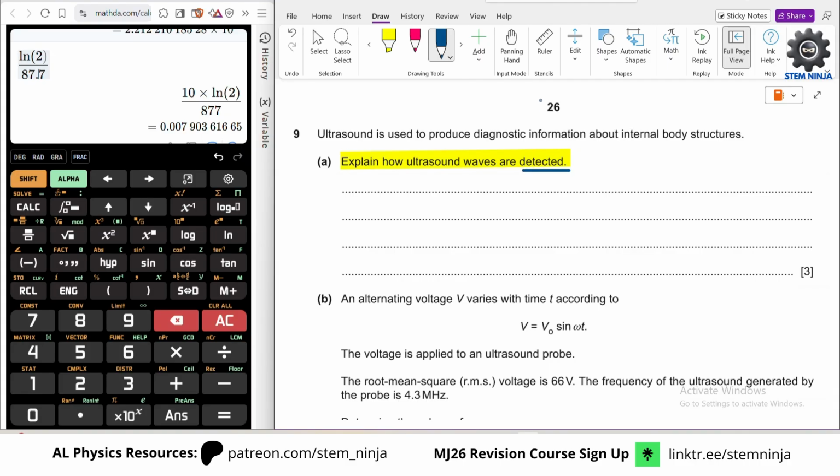Detection uses the same principle of the piezoelectric crystal, where the vibrations of the piezoelectric crystal create an alternating voltage. That alternating voltage signal is then amplified and processed. However, the more we go into the processing part, that will become the imaging. We just need to answer how they are detected.